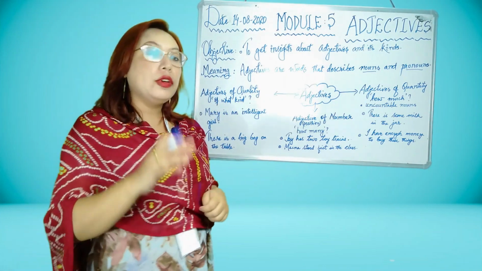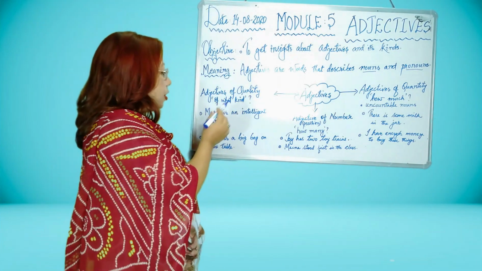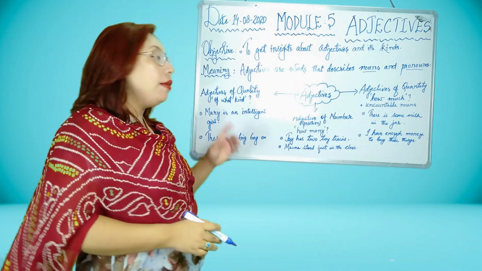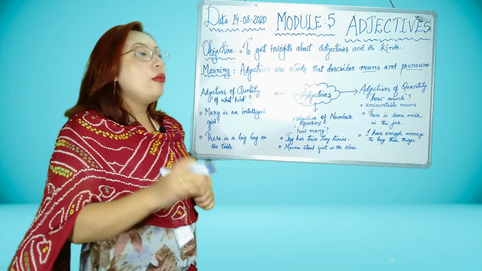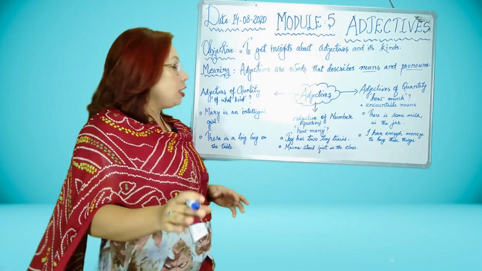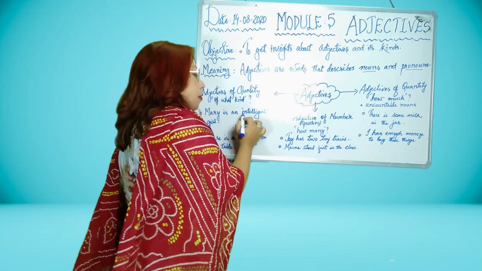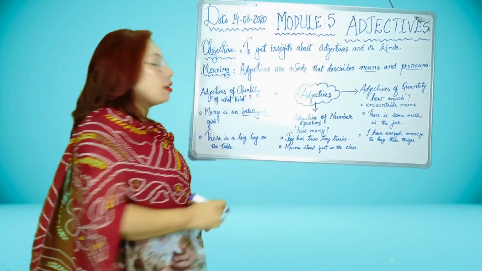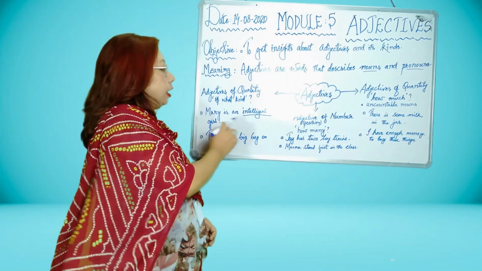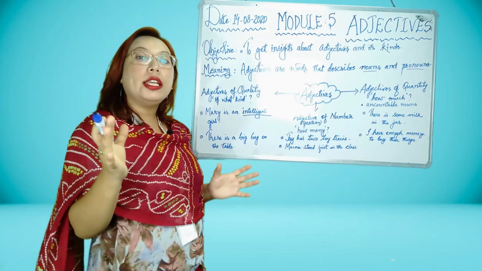Very simple. If you ask the question of what kind the noun is or of what kind the pronoun is, you will get the answer, adjective of quality. For example, see here, I have written Mary is an intelligent girl, right? Mary is the subject here. Now which is the adjective over here students? The adjective is intelligent. Very good. If I ask the question, what kind of girl is Mary?